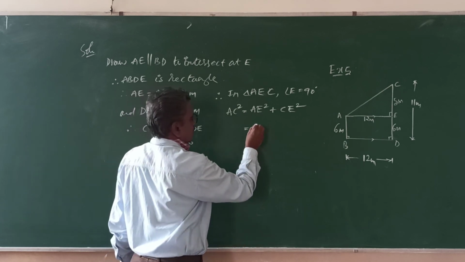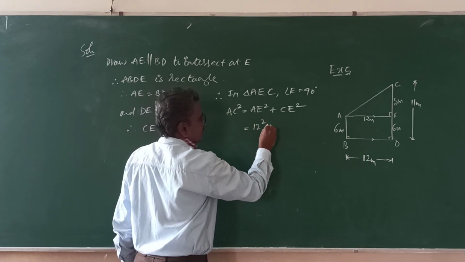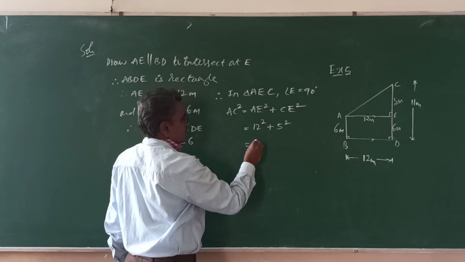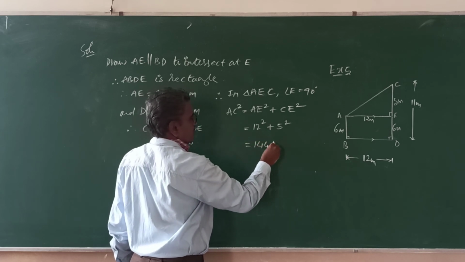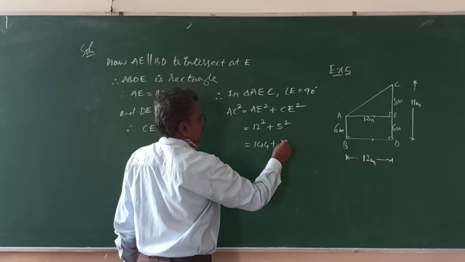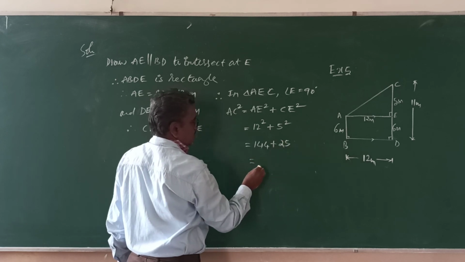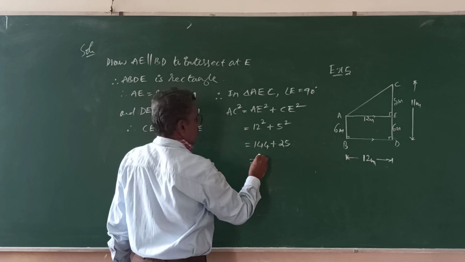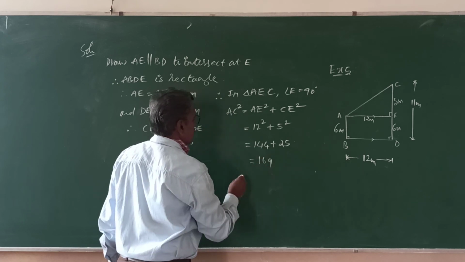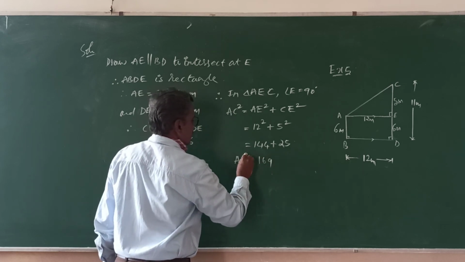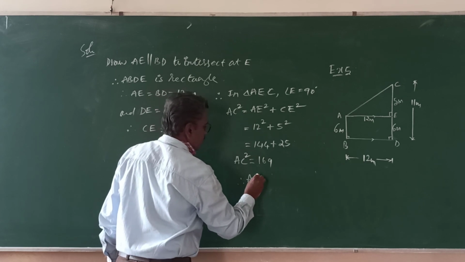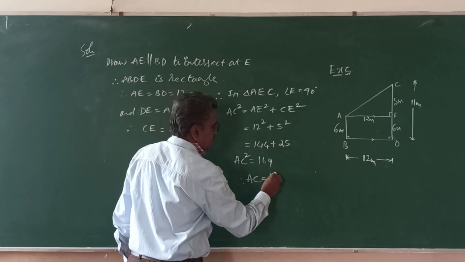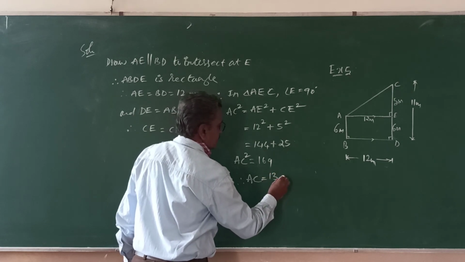AE means 12 square plus CE means 5 square. 12 square is 144 plus 25 equal to 169. That is AC square is equal to 169. Therefore AC equal to square root of 169, which is 13 meter.